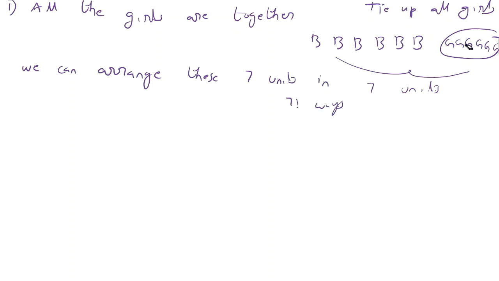But in this one unit we have 6 girls. These 6 girls can be arranged among themselves in 6 factorial ways.